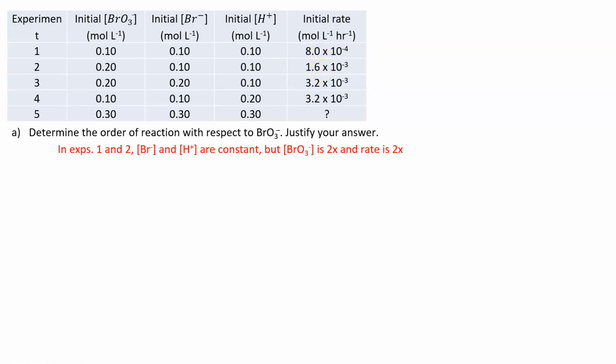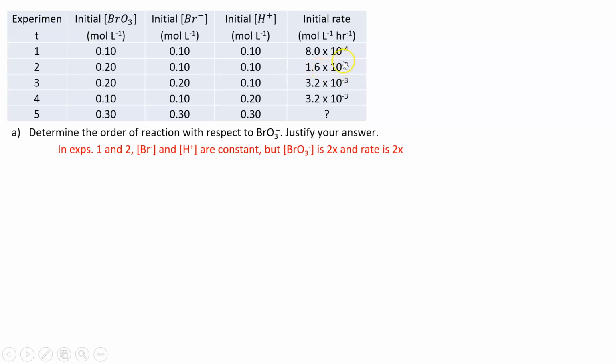You want to be able to do this kind of thing in your head. You see that we've got 8.0 times 10 to the negative 4th and 1.6 times 10 to the negative 3rd. 10 to the negative 3rd, that's a little bit of a bigger number. So I could write this as 16 times 10 to the negative 4th. It's just another way of writing the same thing.